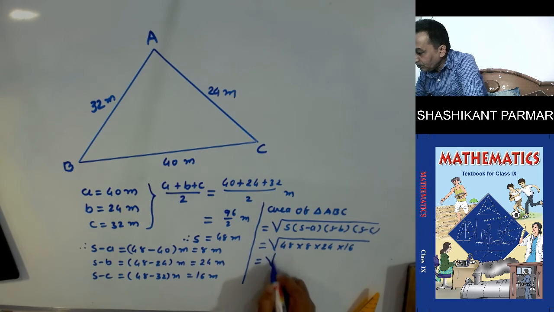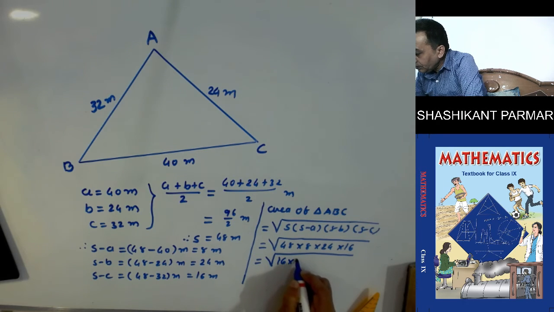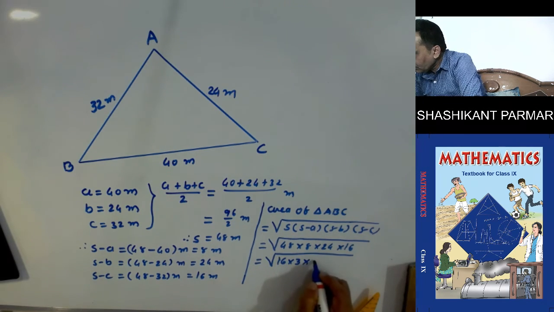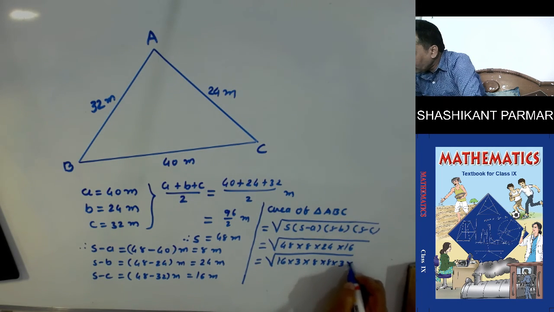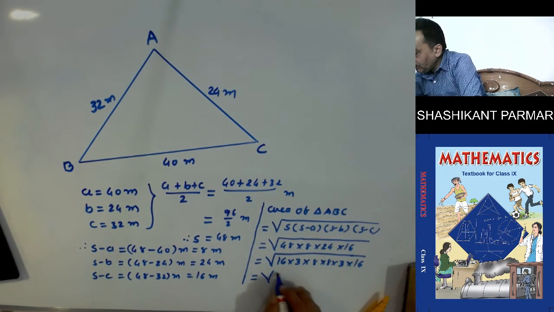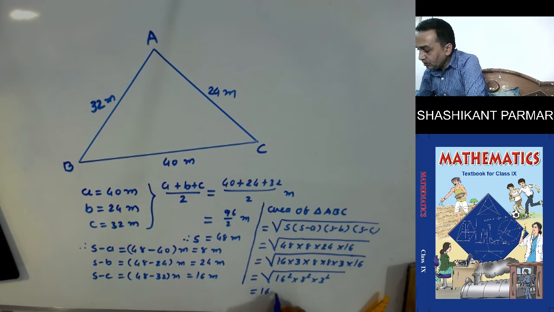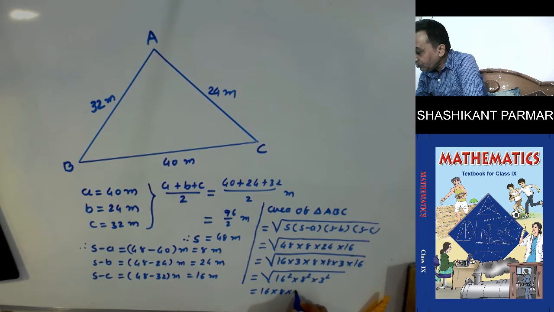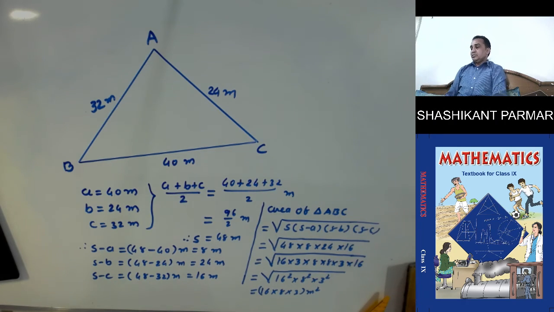So it is equal to root of 16 into 3, 8, 8 into 3 is 24, and 16 remaining there. So it is equal to root of 16 square into 8 square into 3 square. So it is equal to 16 into 8 into 3 meter square is the area.